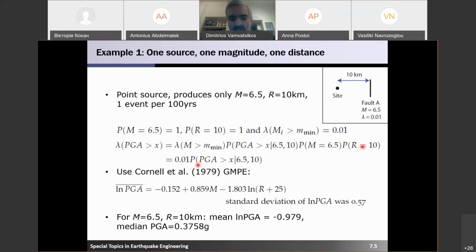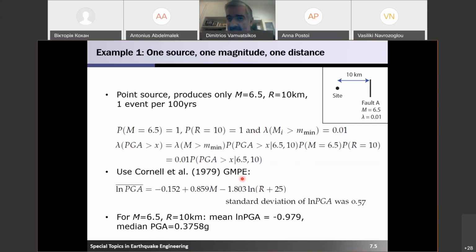So this pretty much becomes the rate and what comes out of the GMPE. In essence, this scenario is so simple that it's just the rate multiplied by whatever CDF, the probability of exceedance, the GMPE gives you. Fairly easy. To make it even easier, we're going to use the simplest GMPE that we can possibly use, the Cornell et al.